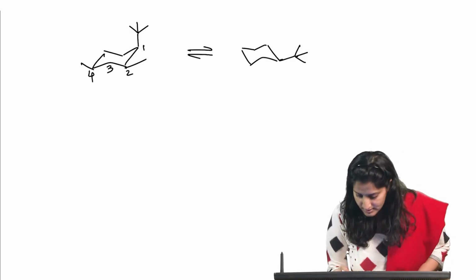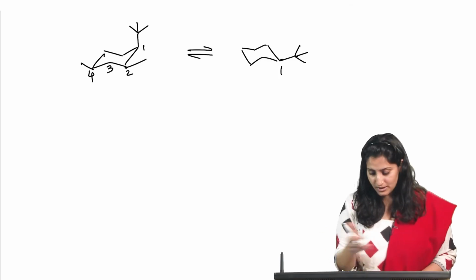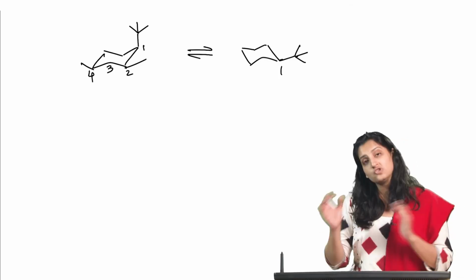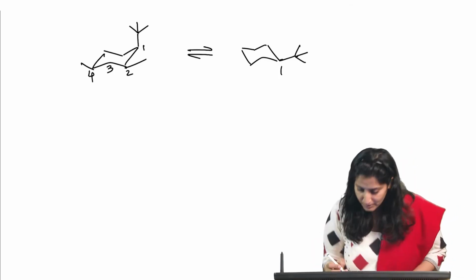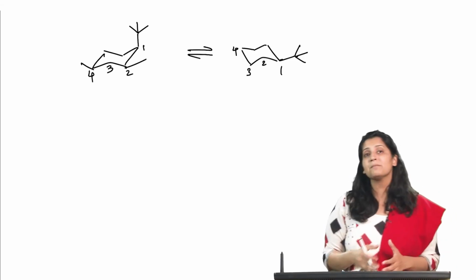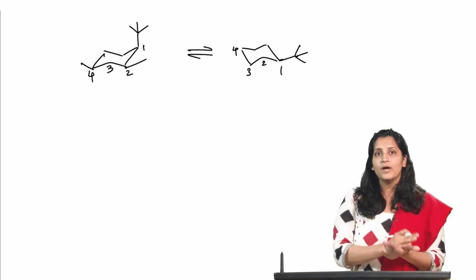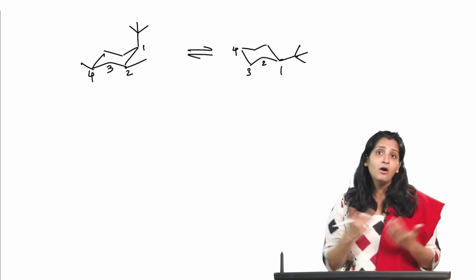Now, this is 1, and I have gone clockwise in this numbering, so I will also go clockwise when numbering the flip: 1, 2, 3, 4. On the second carbon, I have a methyl group that is going equatorial up. Now, when the chair flips, it is going to go axial up.